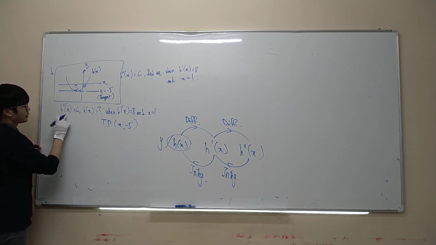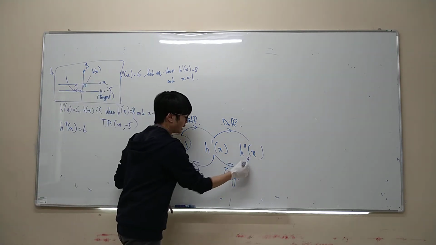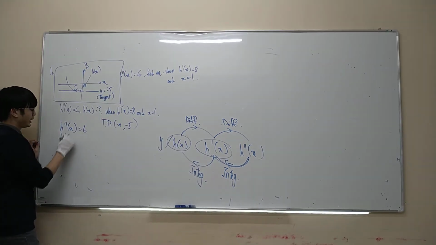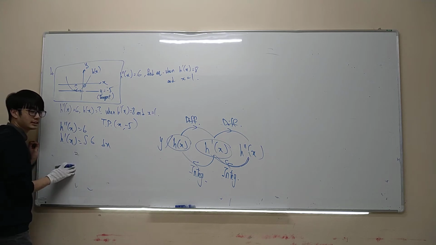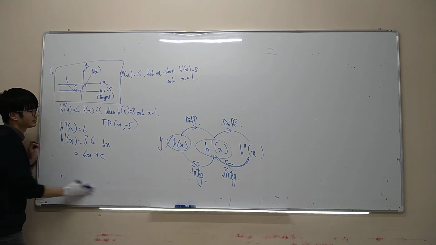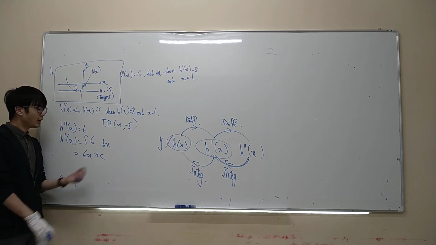Let's start with h double prime x equals 6. I integrate so that I get h prime x. So h prime x equals the integral of 6 dx. When I integrate 6, it becomes 6x, and don't forget to add plus c. So 6x plus c. I have to find the c.